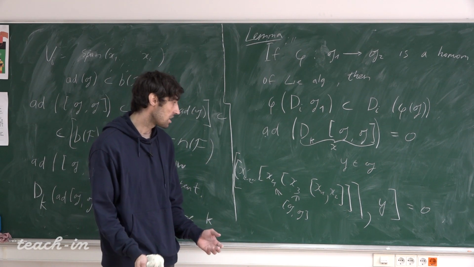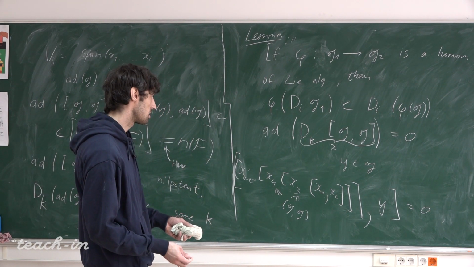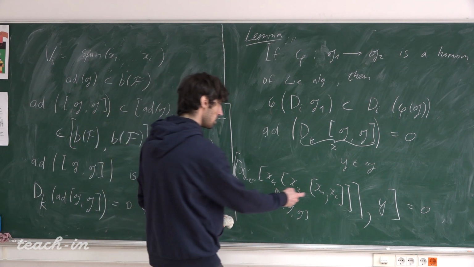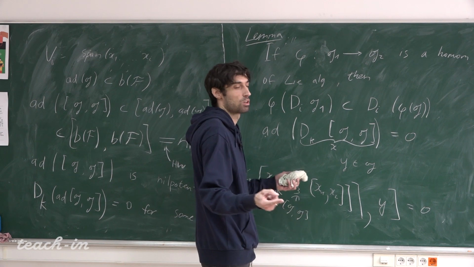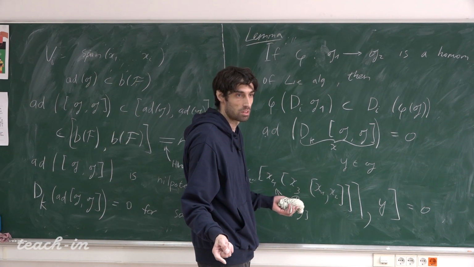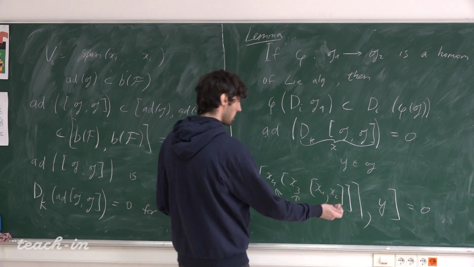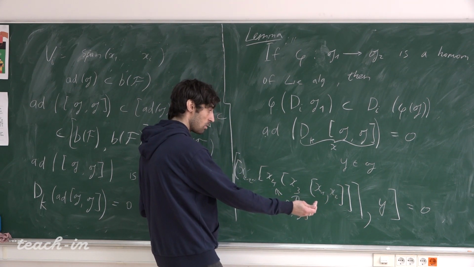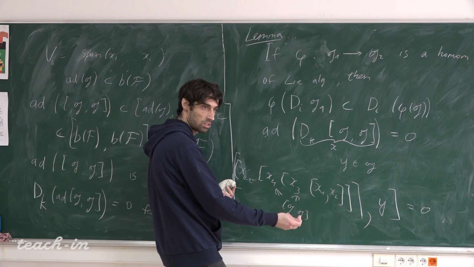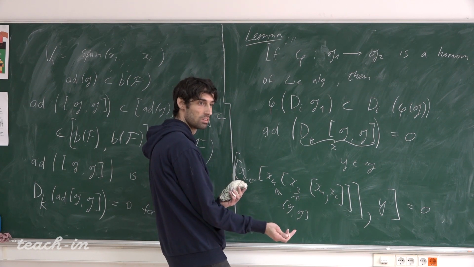But this is the same. Now, since I can take these three guys from G, I can take them as from the commutant as well, right? So any bracket of such kind, where all elements are from the commutant, is 0.